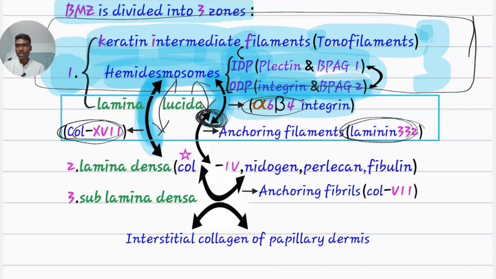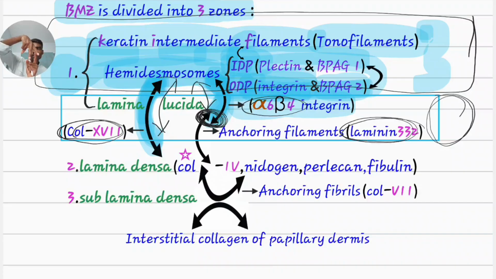This blue box is representing the lamina lucida containing three structures: two structures coming from above and one structure coming from below. From above, two structures: collagen 17 (BPAG2) and alpha 6 beta 4 integrin. Both these structures are not completely inside the lamina lucida, only the ectodomain parts.